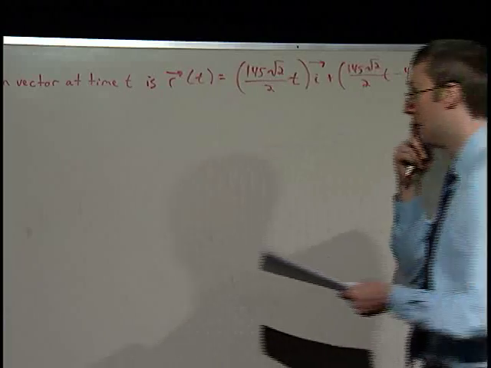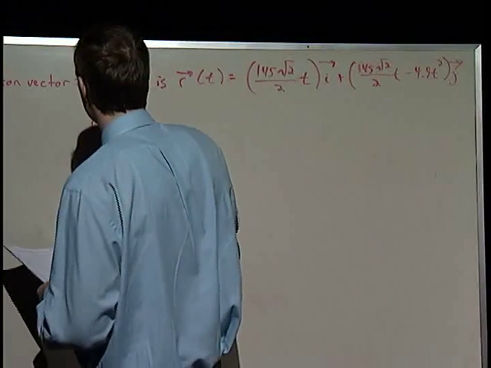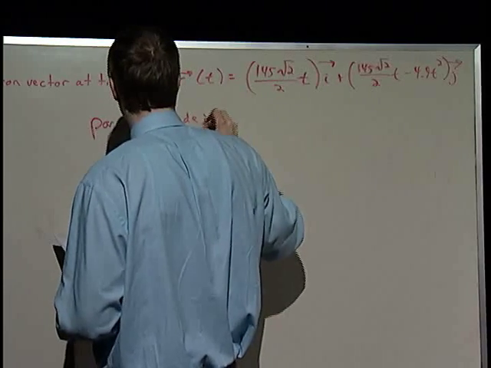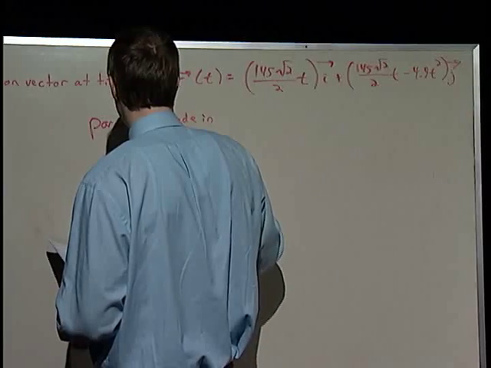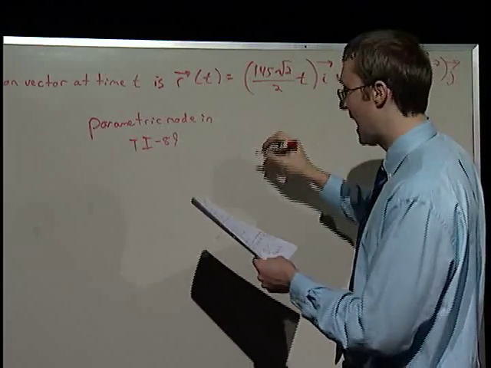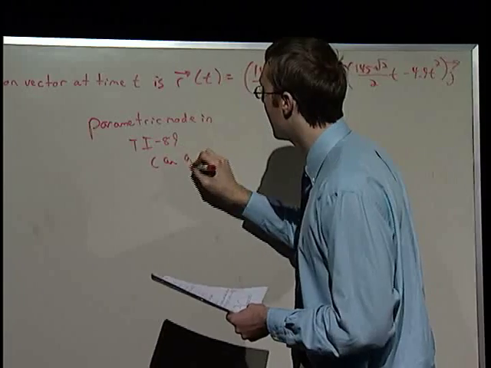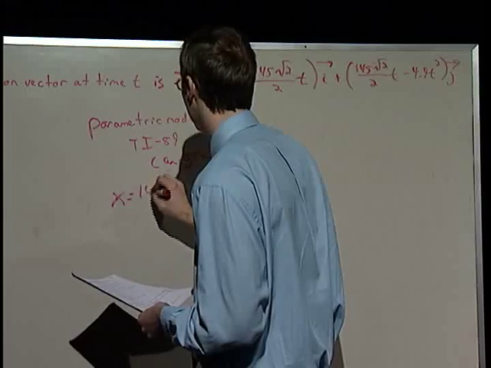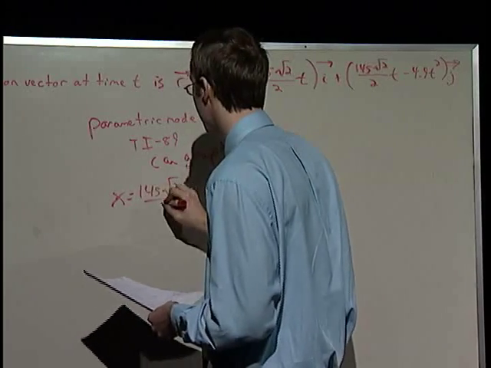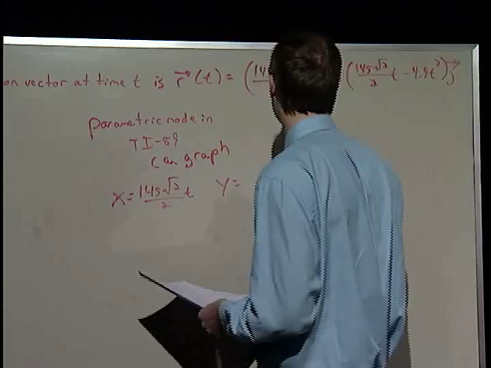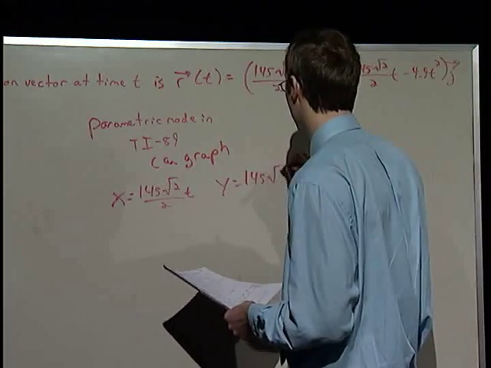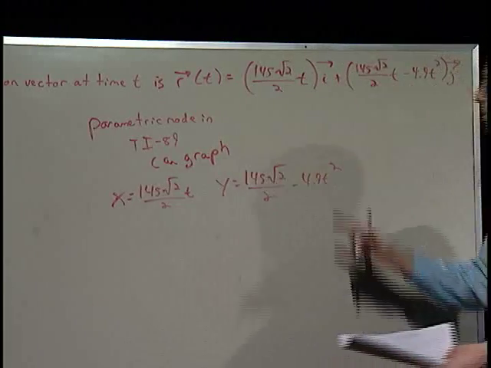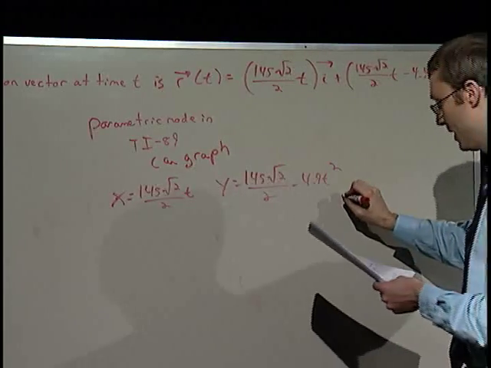All right. Well, if I go to parametric mode, and I use the TI-89 here, but probably any calculator that has this mode will do. You can graph this thing. So you can graph x equals 145 root 2 over 2 t, and y equals that rigmarole minus 4.9 t squared. So you can graph this, and, well, what do you expect to get?